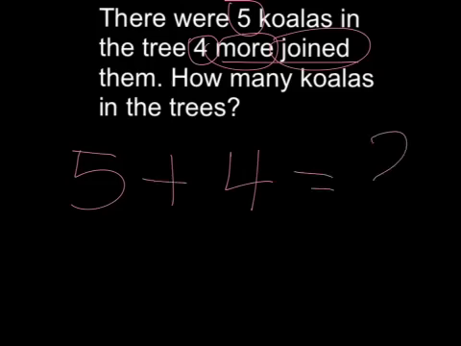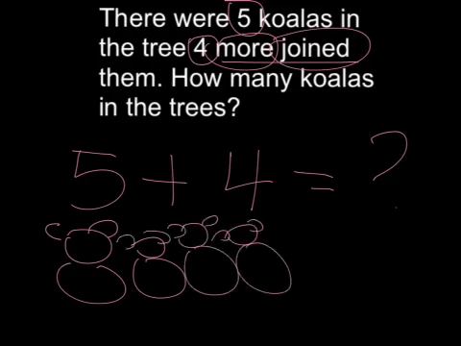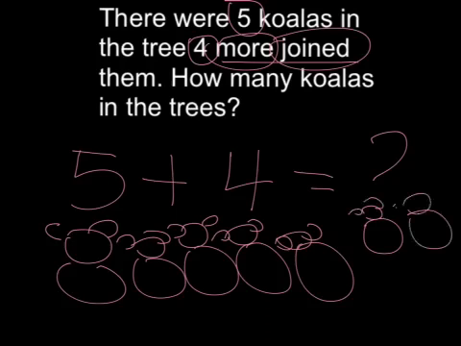Now, if I couldn't do this in my head, I could draw a picture. So here's 1, 2, 3, 4, 5 koalas, and 4 more came along. 1, 2, 3, 4.